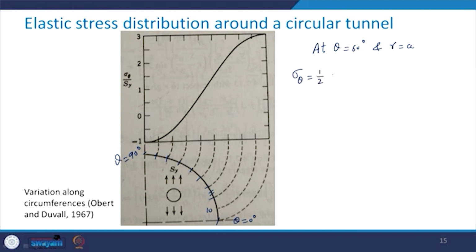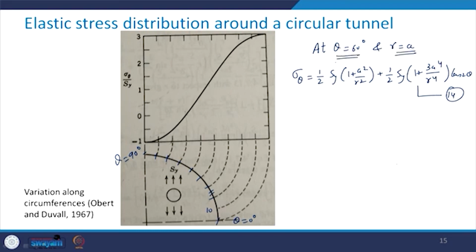This was the expression from this equation, that is Sy times (1 plus a square upon r square) plus half Sy times (1 plus 3a to the power 4 upon r to the power 4) cos of 2 theta. This was our equation number 14. Just substitute r equal to a and theta equal to 60 in this and see what value of sigma theta you get.